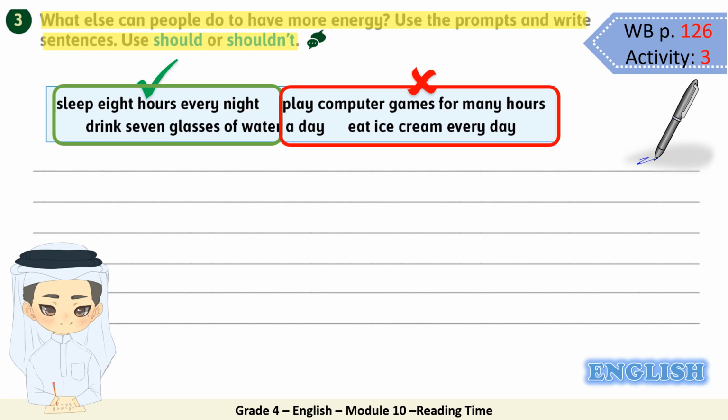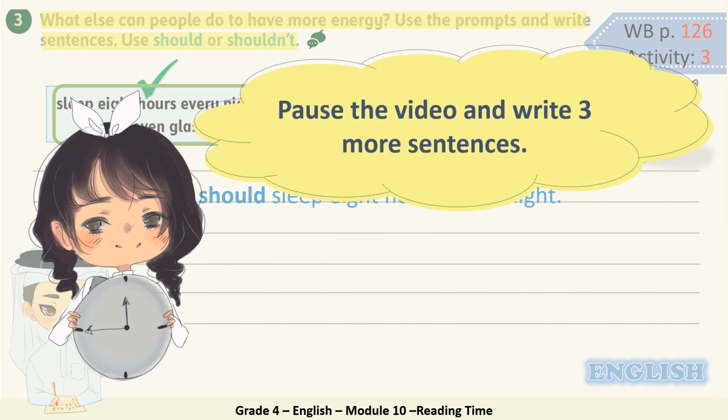Ahmed will choose one action from the right things to do and he will use the word should with the verb. His sentence is, you should sleep 8 hours every night. Now, it's your turn to write sentences giving advice using should or shouldn't. Pause the video and write your sentences.